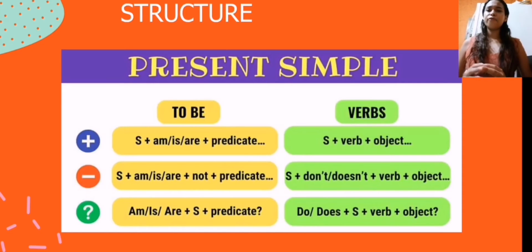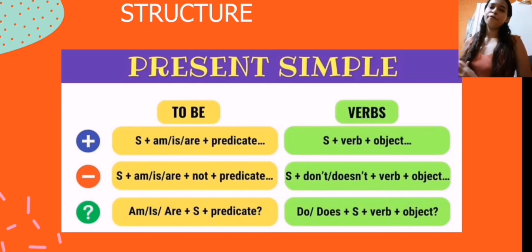In the case of the structure for the interrogative sentence, for the verb to be, we have first the auxiliary of the verb to be, in this case is or are, depending on the pronoun, okay, plus the subject or pronoun plus the predicate and question mark. Don't forget the question mark at the end of the sentence, okay?